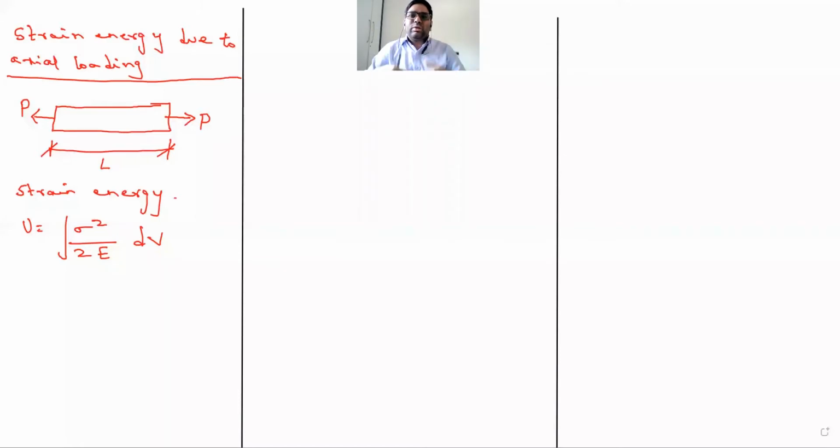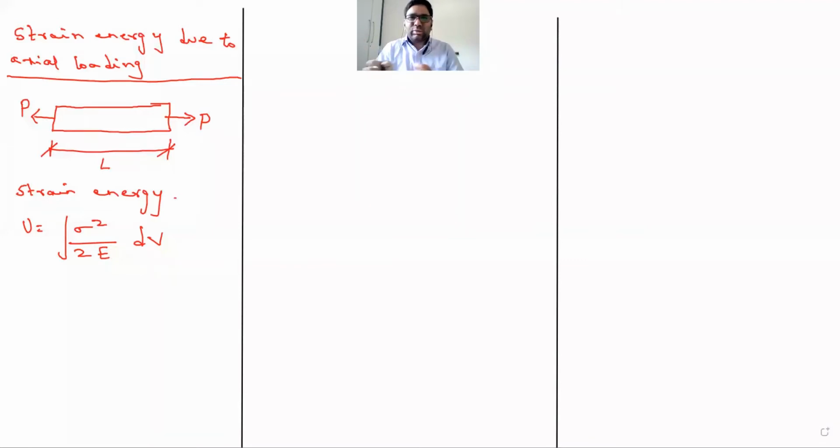Hooke's law states that within the elastic limit, stress is directly proportional to strain, and Young's modulus is equal to stress by strain. Correct? And how do we get stress? Stress is equal to Young's modulus into strain.